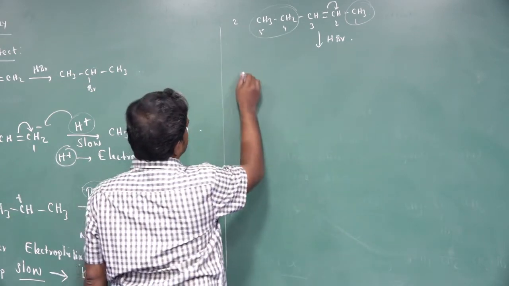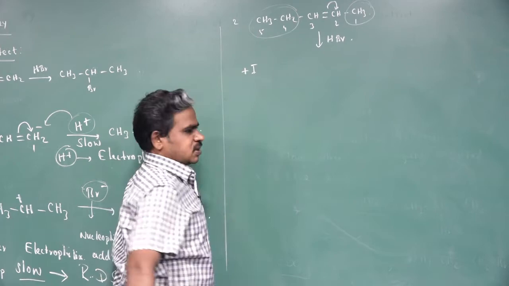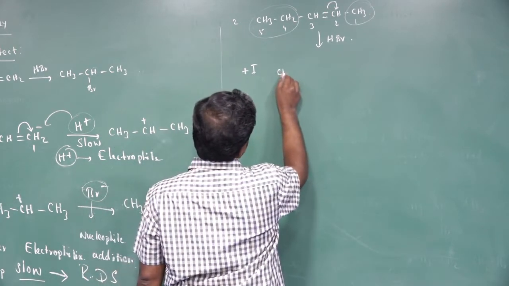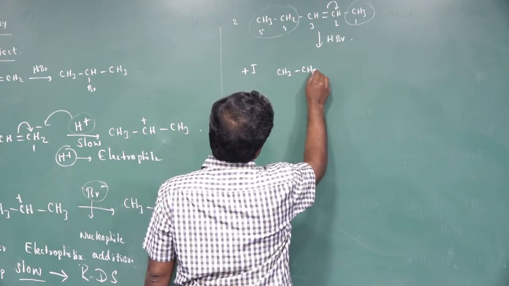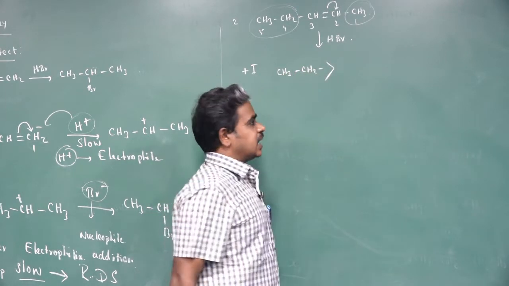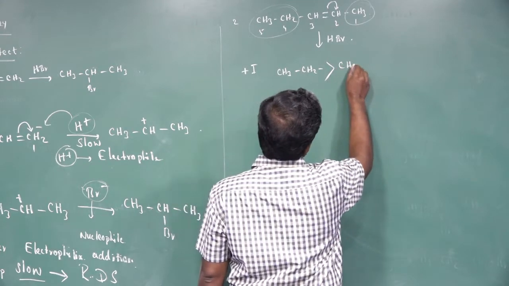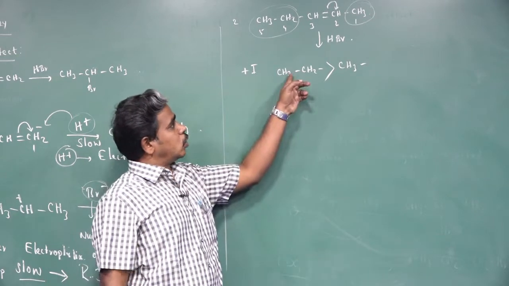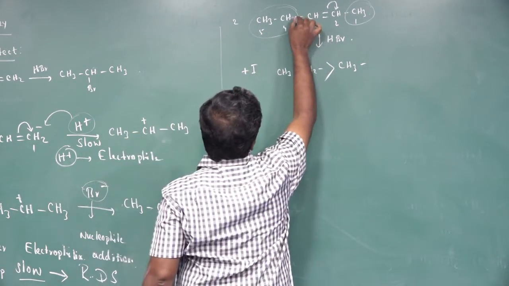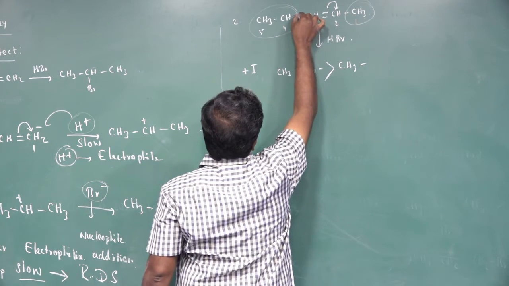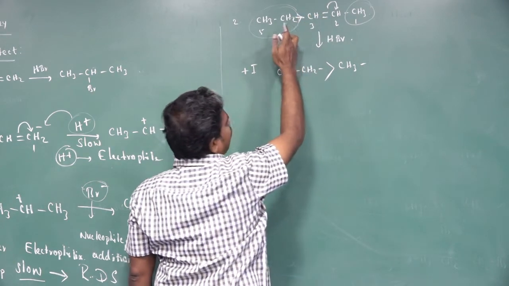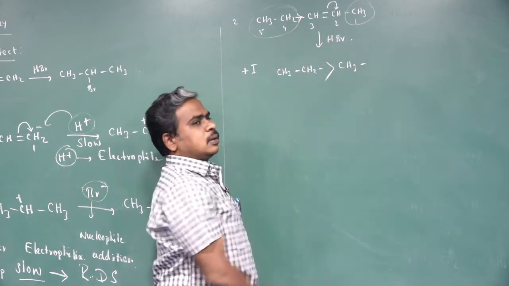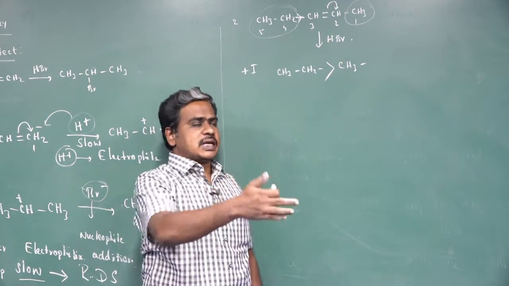We may compare the plus I effect of the methyl and ethyl groups, and it is always the ethyl group that has the maximum plus I effect compared to the methyl group. So, the bond pair of electrons will move from the fourth carbon to the third carbon, so that the electron density in the third carbon increases.